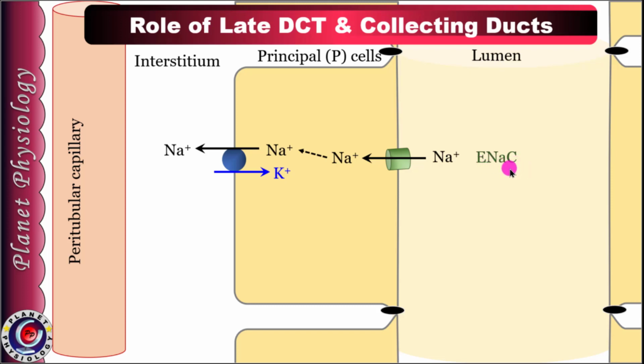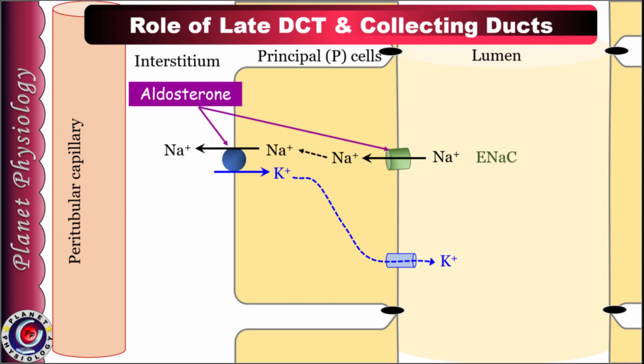As positively charged sodium ions enter the cell, an electrical gradient is created across the luminal surface. This favors secretion of potassium along its electrochemical gradient into the filtrate. Thus, principal cells are mainly involved in reabsorption of sodium and secretion of potassium ions.